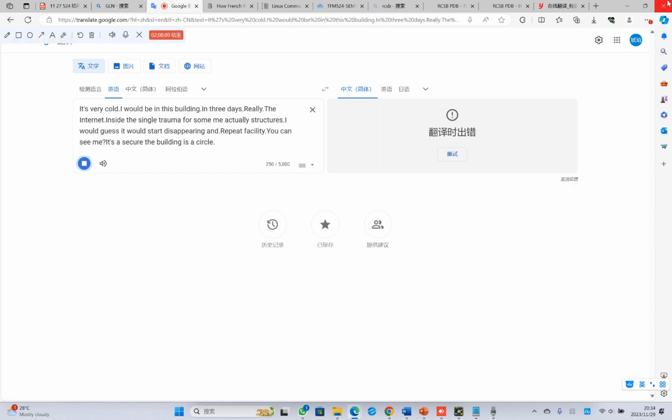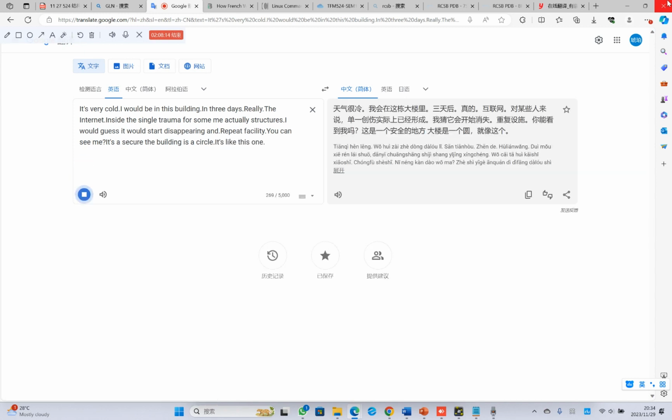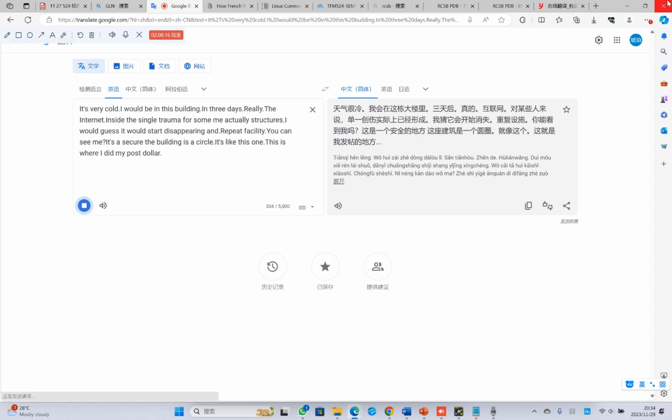SPring-8 looks like this. This is where I did my postdoc. Inside is a circle, it's very big, so you know how we move inside? We cycle inside. We have bicycles inside.